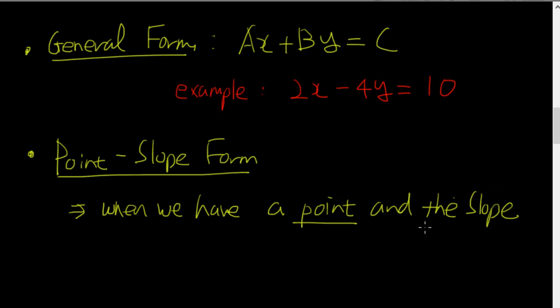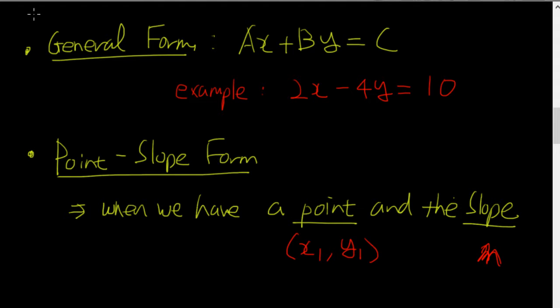When we have a point and slope, we use point-slope form. I mean, that kind of makes sense. So the point here is going to be, let's say, x1, y1. In the actual case, this x1, y1 is going to be an actual number. And slope is m, right?